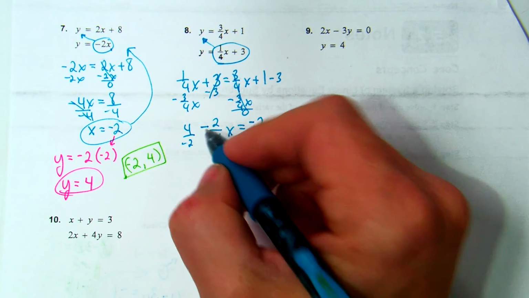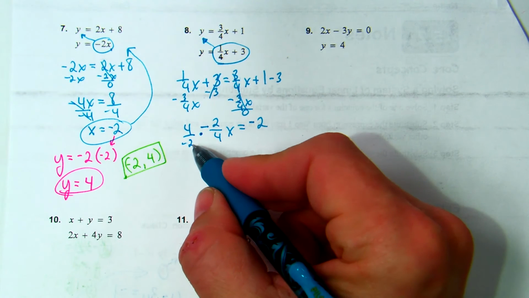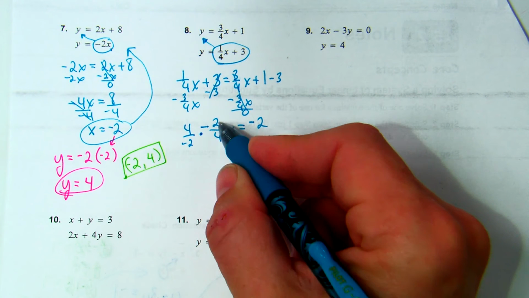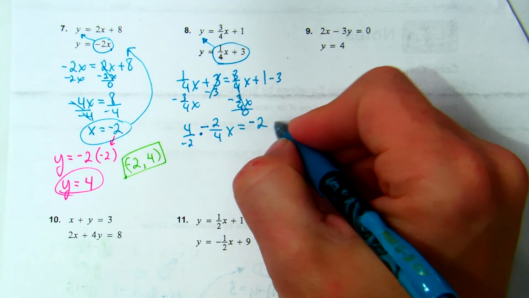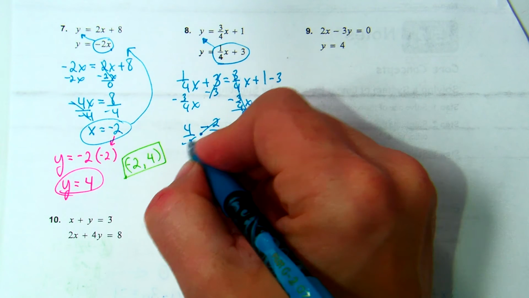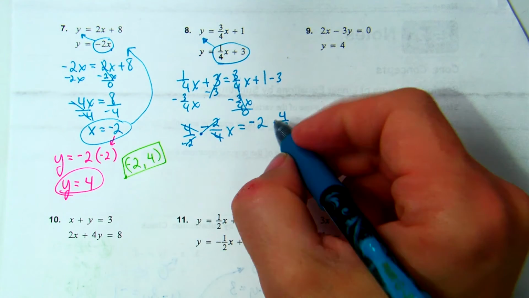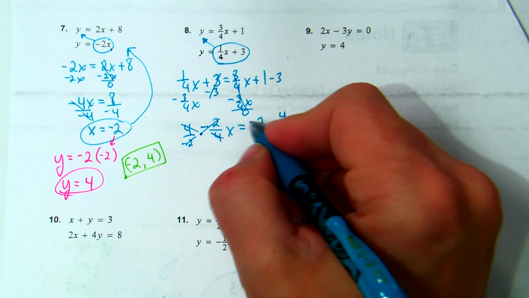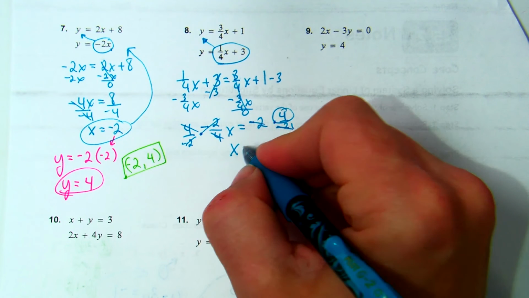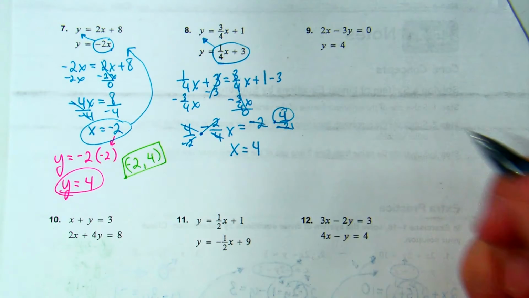So if you'll notice, I've just created a reciprocal when I multiply by 4 and divide by 2. So I'm going to have to do that to both sides. So this will cancel, and on this side, my negative 2's will cancel, and I'm left with 4 over 1. So x just equals 4.